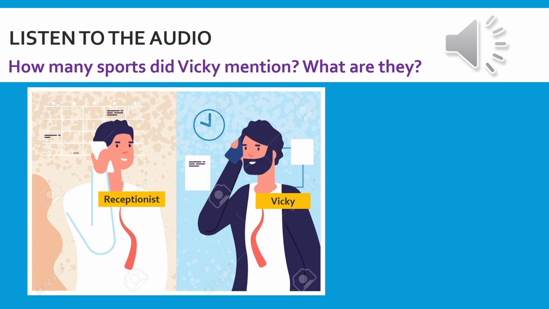I see. Can I help you with anything else? Yes. When's judo? Is it today? No, it isn't. Judo is on Wednesday at 4:30. What time does it finish? Well, the timetable says 6 o'clock, but it usually finishes at 6:10.